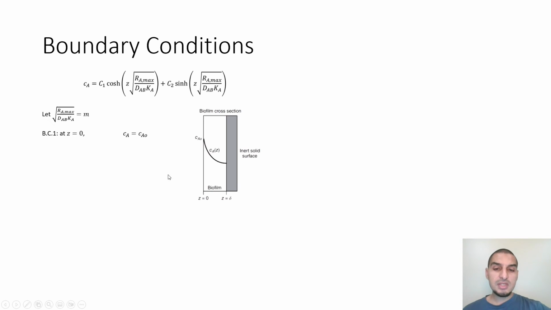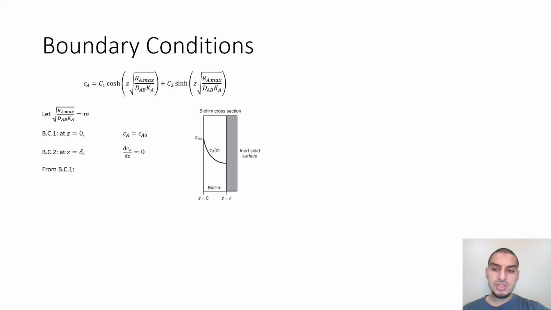But the boundary condition that I'm 100% sure of is that this is an inert solid surface, which is an impermeable surface, so it doesn't allow the diffusion of A to the other side. So at this point the flux is 0, or I can say that dCA/dZ equals 0 at Z equals delta. This is the information that I'm pretty sure of, and we will check it later.